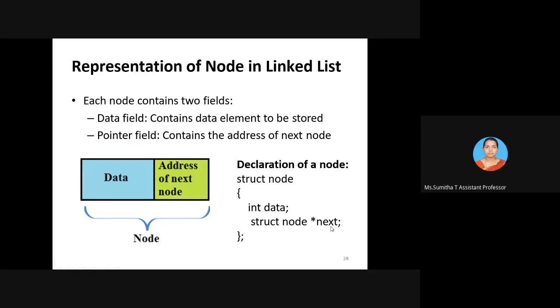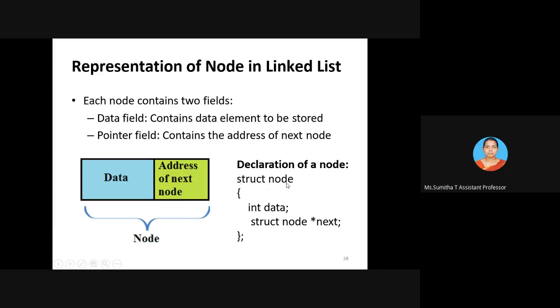We can give any name, asterisk new, a b c, anything we can give. What is the struct node? It is the self referential pointer. This address is denoting the address of itself, that is, the address of the same node. So it is a self referential pointer.